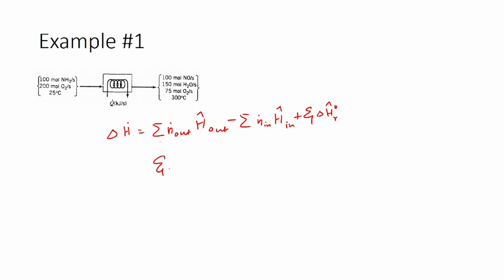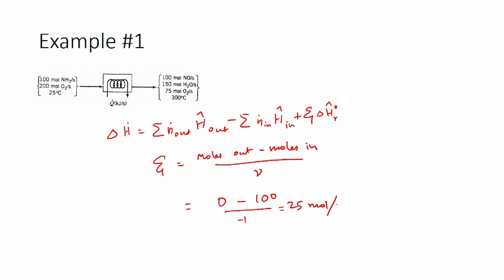Let us now calculate the extent of reaction. It is moles out minus moles in divided by the stoichiometric coefficient. If we take ammonia, moles out would be 0, moles in would be 100, and you divide by the stoichiometric coefficient, which I am calling -1 because it is a reactant, and this would be equal to 25 moles per second.